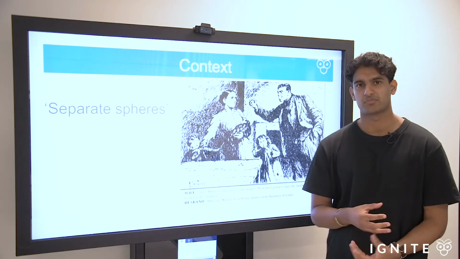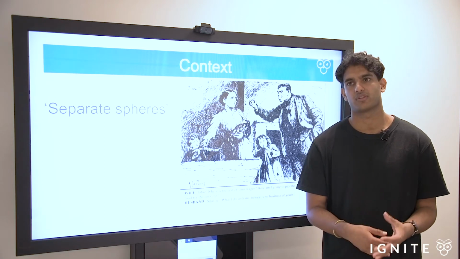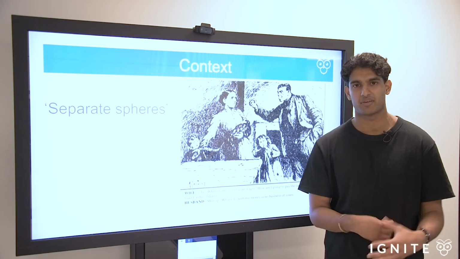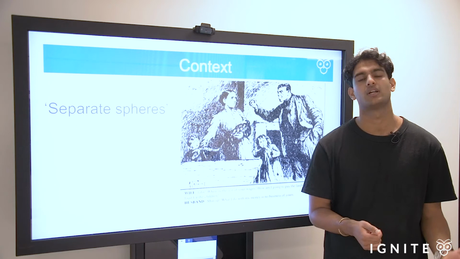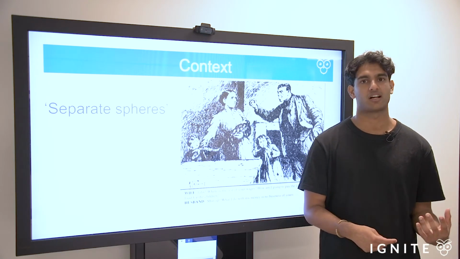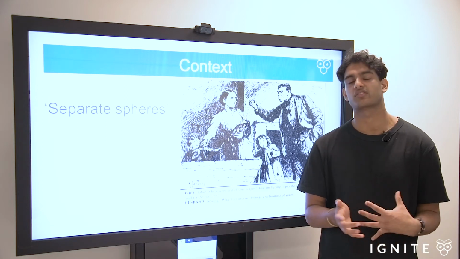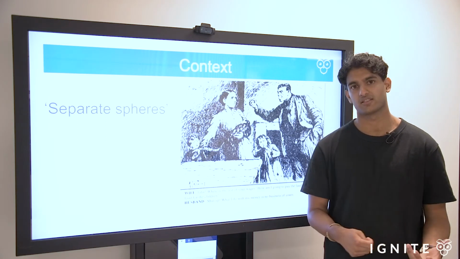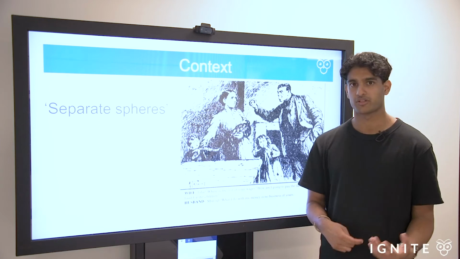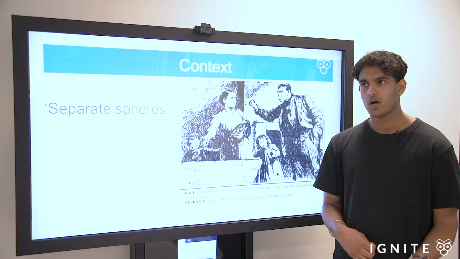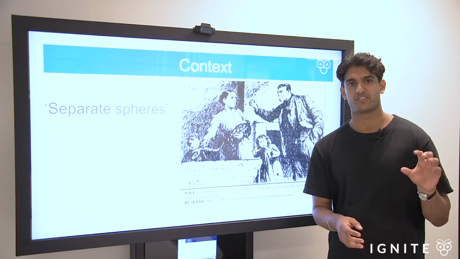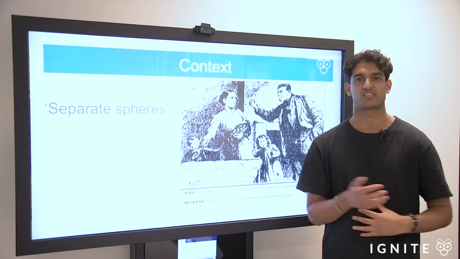And Higgins manipulates and really exposes the ability for men to control and dominate women in his manipulation of Eliza, the way in which he treats her, the way in which he disrespects her values, her ideas. And this stemmed from this notion of separate spheres, which basically dictated the different roles that men and women played in society.